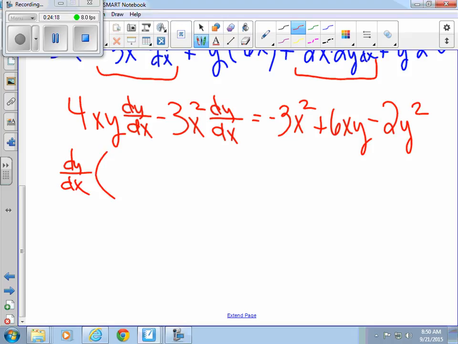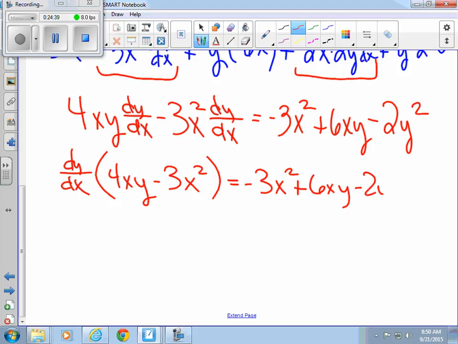But you will factor out the dy dx. Do you see how you could combine those 2 steps into one? You know you're about to do it. You can just take the dy dx out. Good. And then divide by 4xy minus 3x.